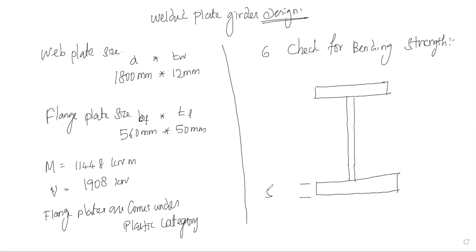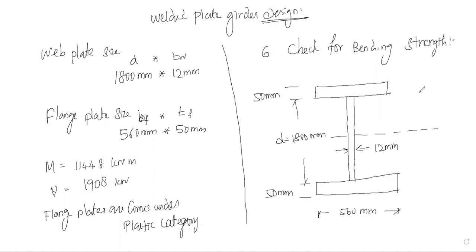The flange plate thickness is 50 mm and its breadth is 560 mm. The depth of web is 1800 mm, and the thickness of web is 12 mm. The centroid is going to lie here, so that here it is 900 mm and here it is 900 mm.